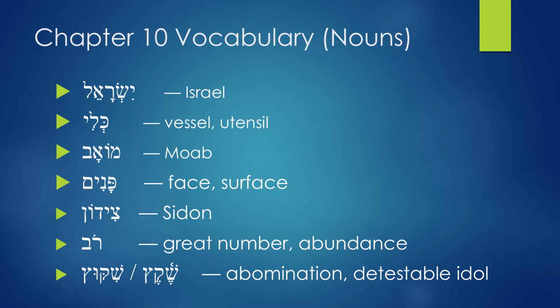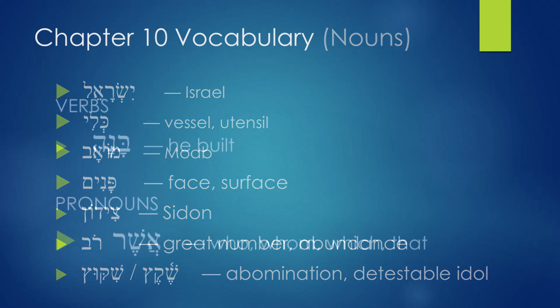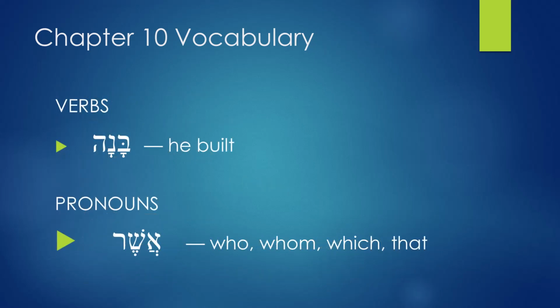Next you have Shekets, or another form is Shikuts. This can be Shekets or Shikuts, and this means abomination, detestable idol.